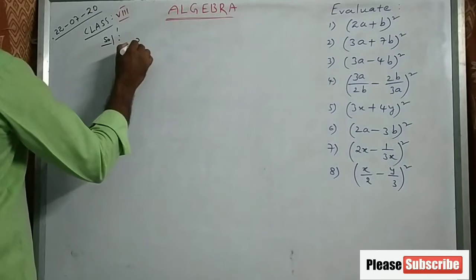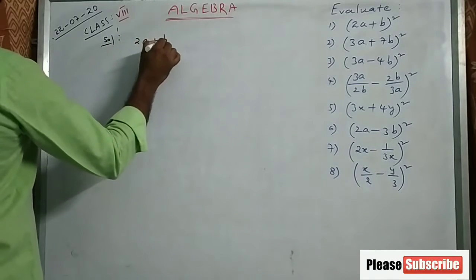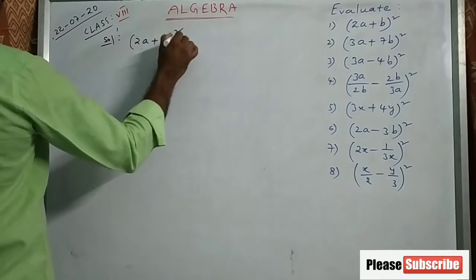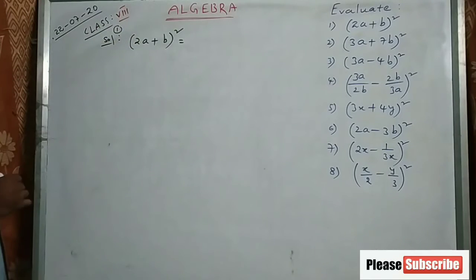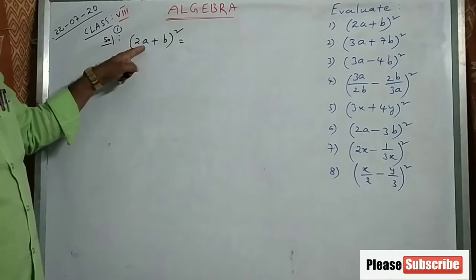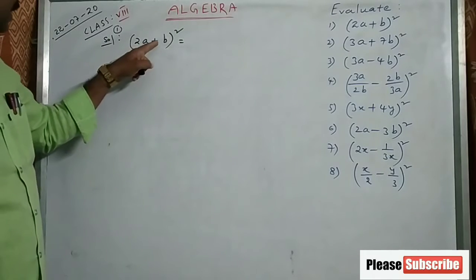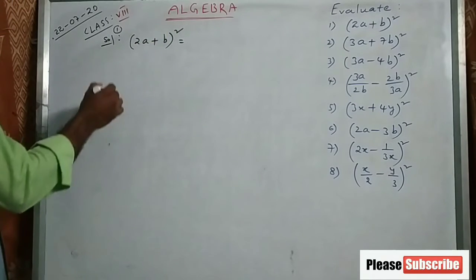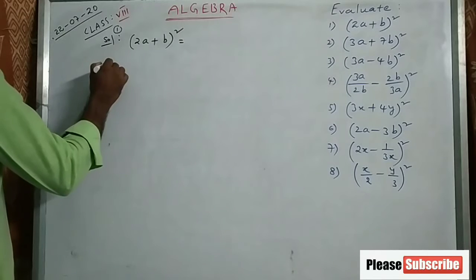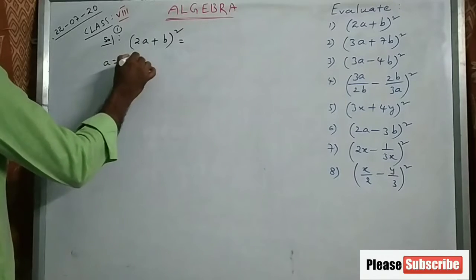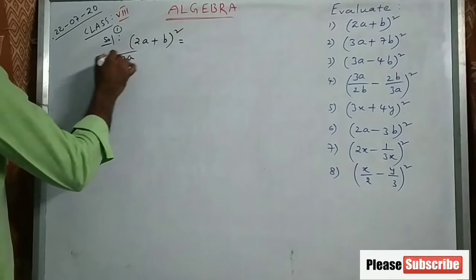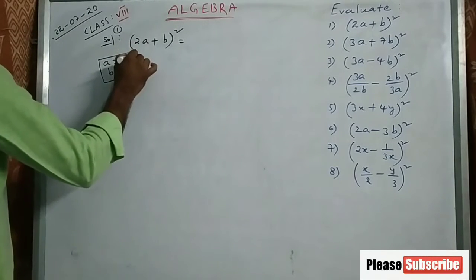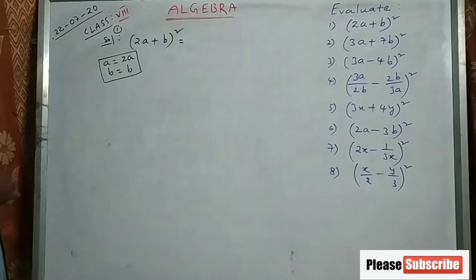So (2a plus b) whole square. What is the form of this? It looks like (a plus b) whole square. But in the place of a, what do you have? 2a. In the place of b, you have b only. First you recognize them.